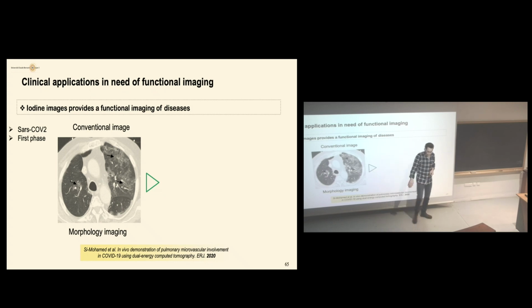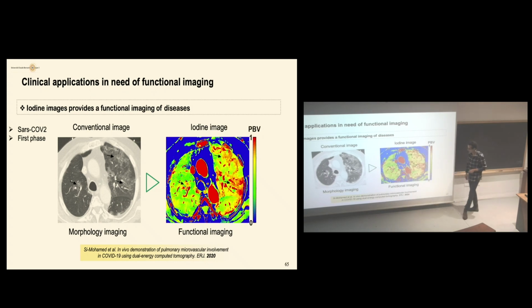So look at the functional imaging. When we look at the functional imaging, which is the iodine distribution, we observe a really important fact within the lung. First of all, within the lungs, there is a complex interaction between ventilation and perfusion. If you have an area of the lung that is poorly ventilated, I mean you have a pneumonia, the vascularization should decrease. That means that you will have less blood in the diseased area.